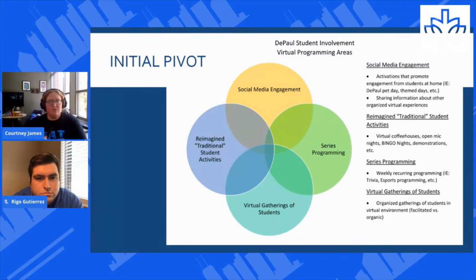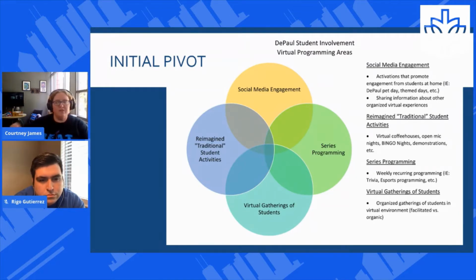In lieu of just throwing things at a dartboard and hoping that they worked, we decided that we were going to focus on 4 core components: social media engagement, reimagined traditional student activities, series programming, and then virtual gatherings of students.